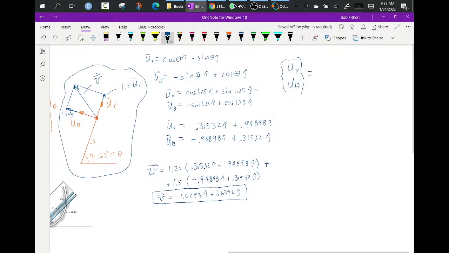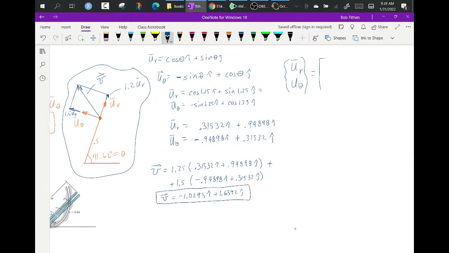in a coordinate system like this, give me a second. I'm looking over here at this, putting it into matrix form over there.